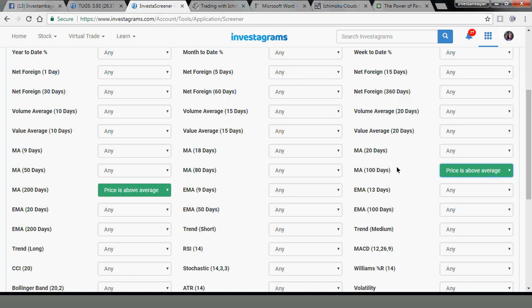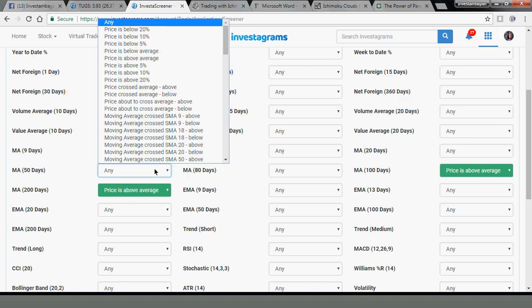Moving average 100 is a significant number, lalo na pag may crossover dyan, it's very important. Then MA 50 above average.